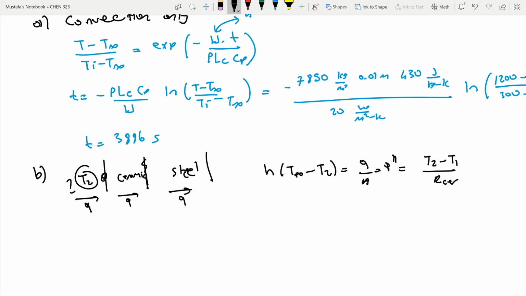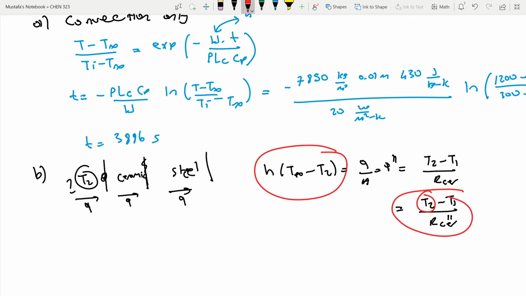And we are told that the capacitance of the ceramic is negligible. We only consider the thermal contact resistance. So this means T2 minus T1 divided by R ceramic. So we are interested in finding T2 here. We equate these two terms to each other, and we will find T2 here.